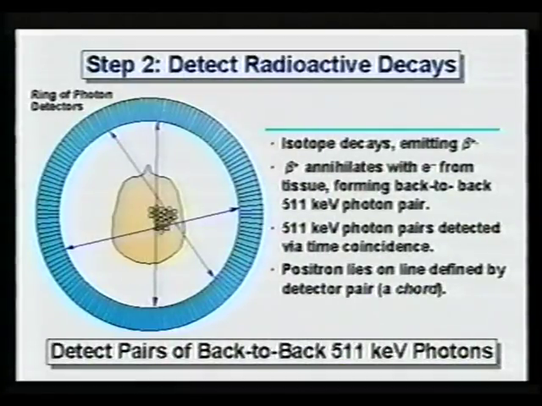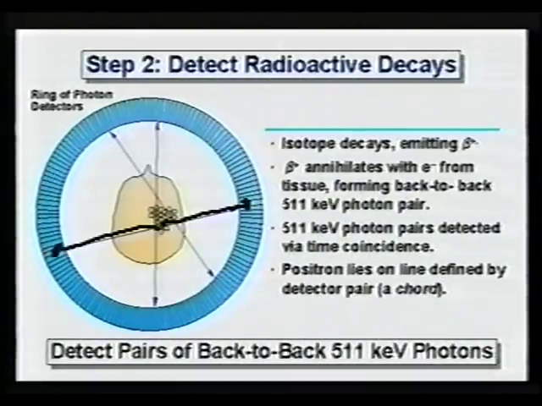Now, that positron is going to find an electron in the tissue somewhere, and when the positron and the electron get together, they're going to annihilate and form a pair of back-to-back 511 keV gamma rays. What you hope is that these two gamma rays will go through the patient and enter into a ring of gamma ray detectors that encircle the patient and be detected.